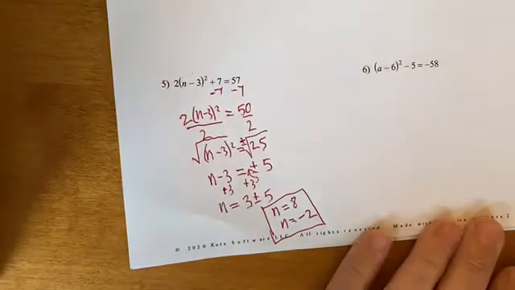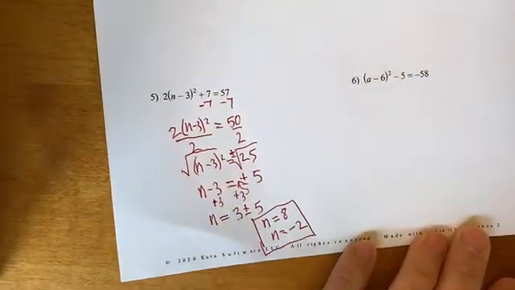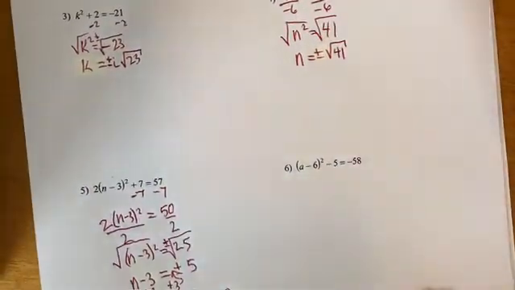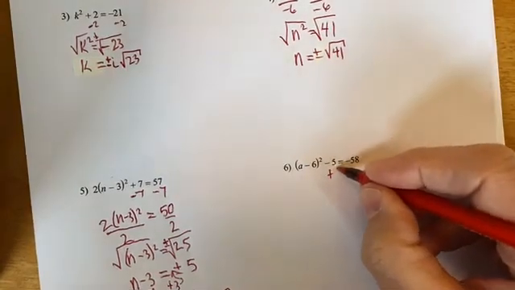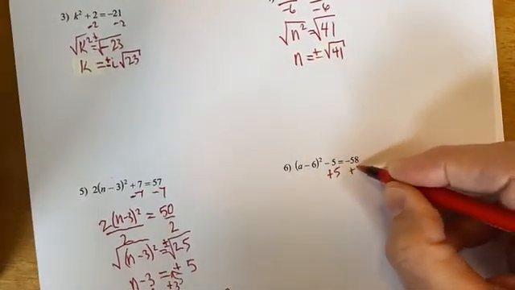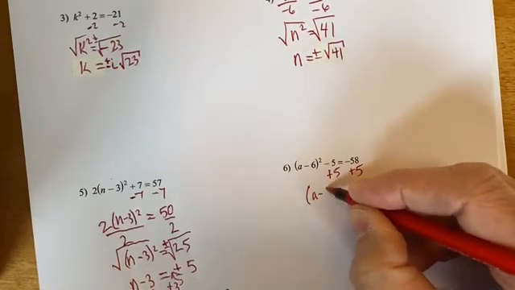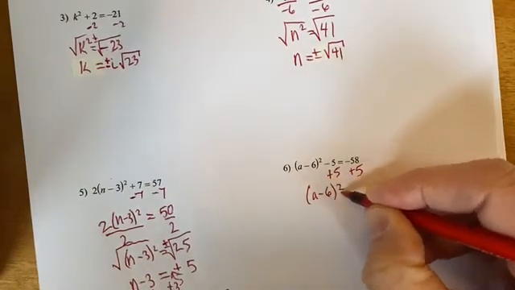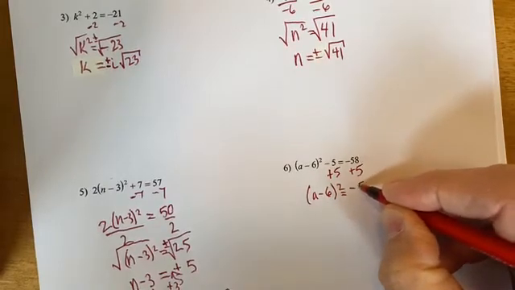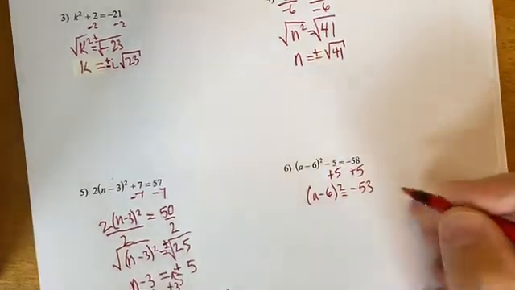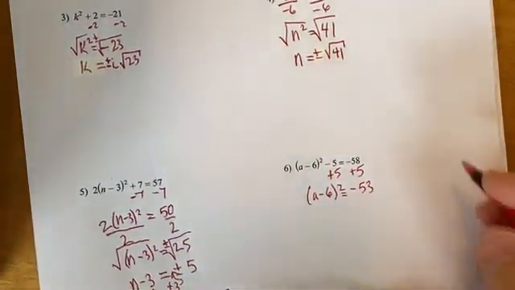Okay? Now, here's the last one. Add 5 to both sides. (a minus 6) squared is negative 53. Look, it's negative, so we're going to have an i.